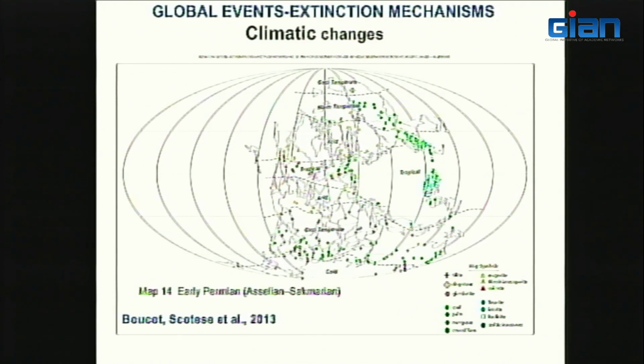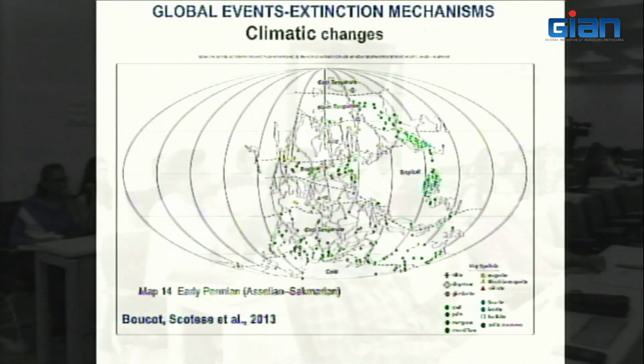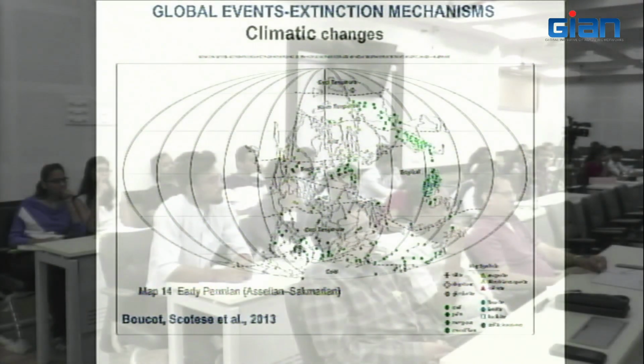But you jump directly to an arid belt here, marked by the presence of evaporite, and a very small tropical region, which increases due to the presence of the Tethys, where you have what corresponds to China actually. So there was some place where conditions were tropical.